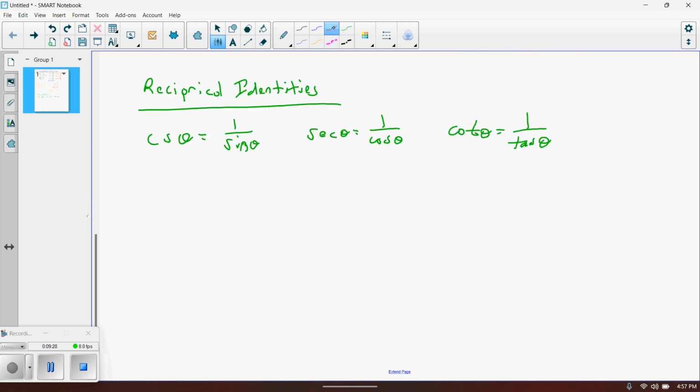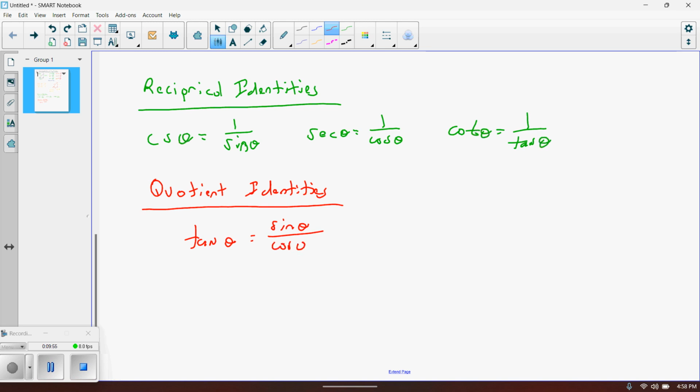We also have what are called the quotient identities. Quotient identities. And the quotient identities, there's really 2 of them that we're interested in here, is that tangent of theta is the exact same thing as the sine of theta divided by the cosine of theta.